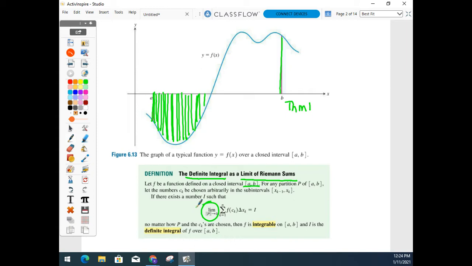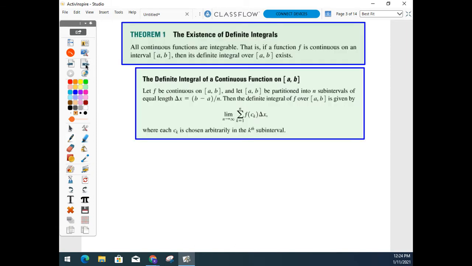First, let's talk about theorem 1. All continuous functions are integrable. If a function is continuous, you can find its integral. All right, so that's really important, but it ends up just making sense.